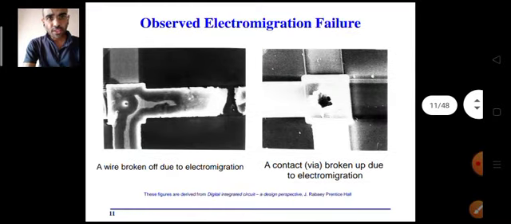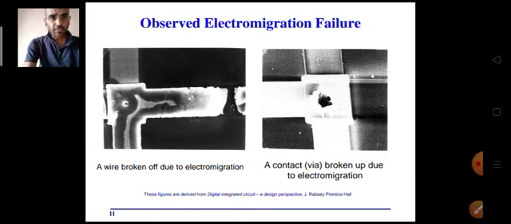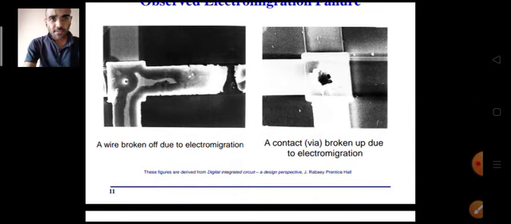And because of electron migration, what happens? In the diagram you can easily see that the wires get broken up. This wire may get broken up because of other reasons as well. So the breaking of wire may be because of electromigration. One of the reasons for this breaking or burning of wire is electron migration, this open circuit.